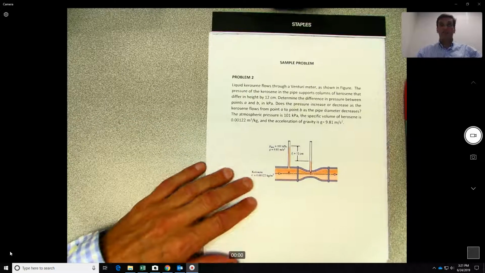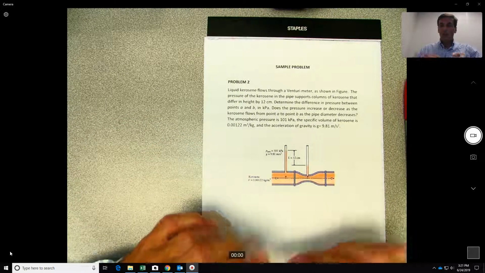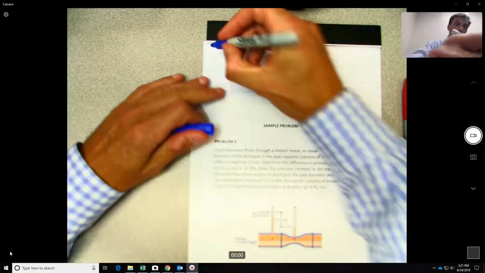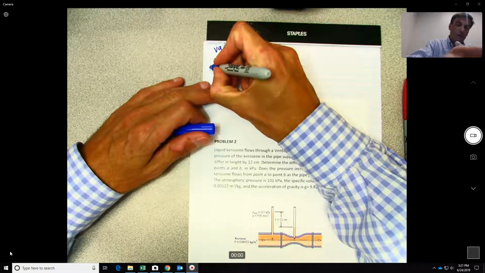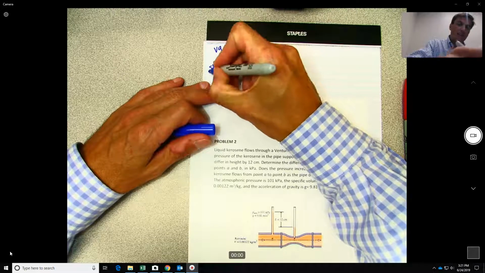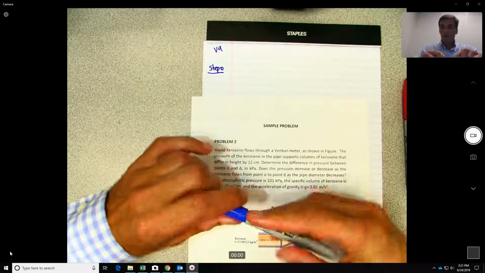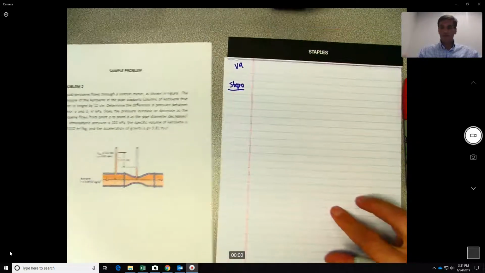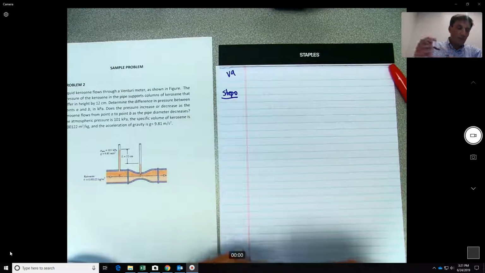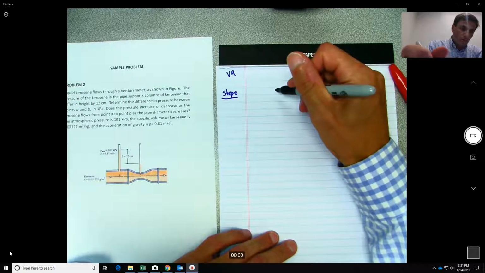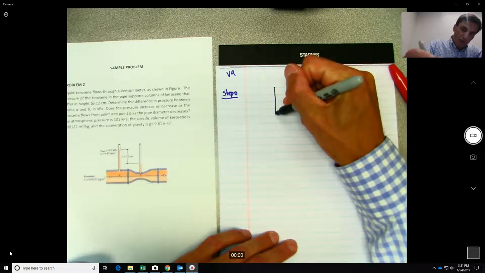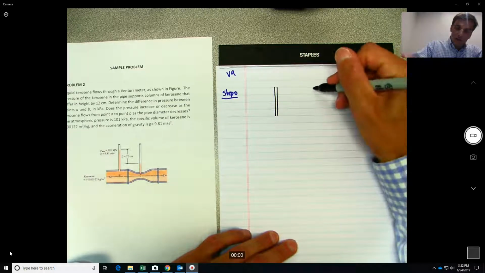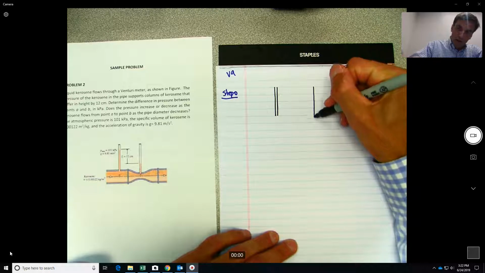All right, so this is the problem we're going to be solving. So that's step number 0. Basically, in most cases, it's just a matter to redo the figure. Okay, so let's just redo the figure very quick. So here it looks like we're going to have one tube over here, another tube somewhere lower over here.